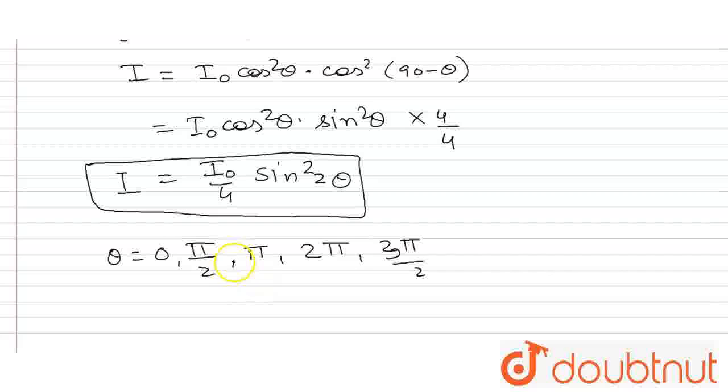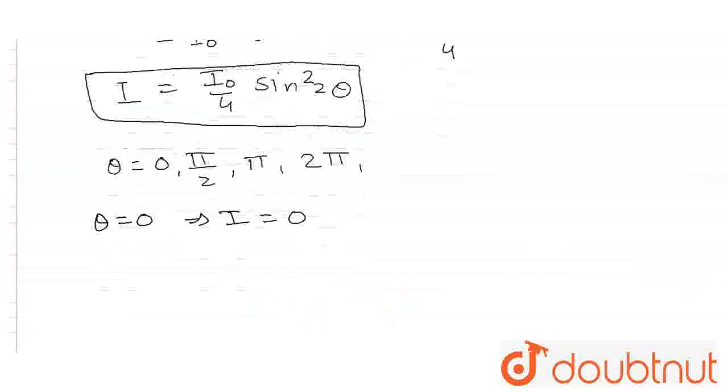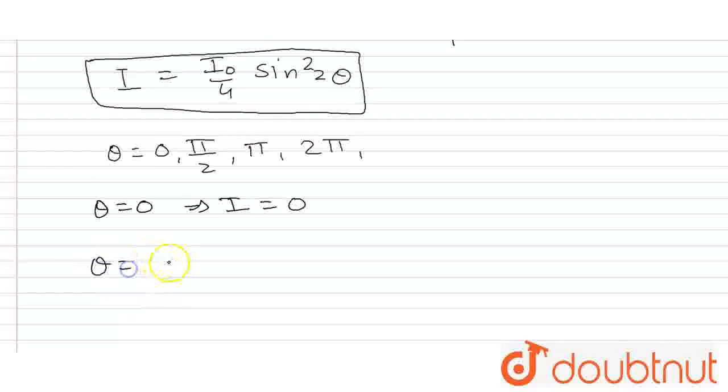So we found that at theta equal to 0, the intensity will be 0, and at theta equal to 45 degrees, the intensity becomes I naught by 4 or I naught by 8.